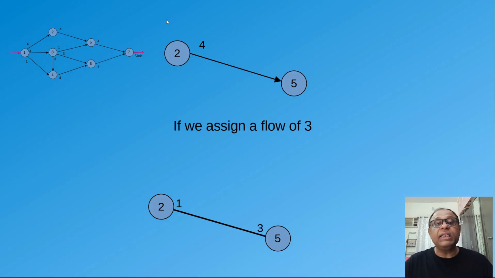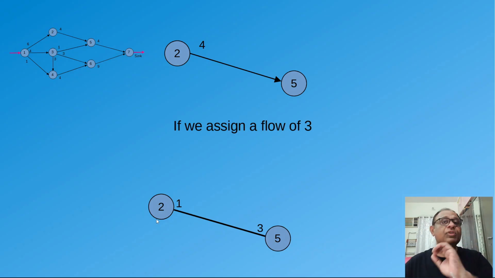Initially, the residual flow from 2 to 5, that is arc 2 to 5, is 4. But if we assign a flow of 3, the residual flow is going to be 1. Why? Because you have already assigned 3, and 3 is written on the other side. So 3 is the flow that I can put in the reverse direction.